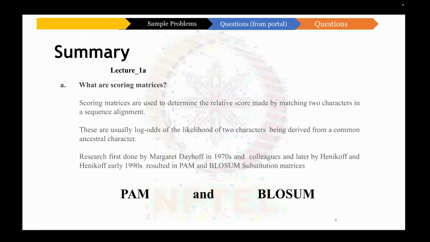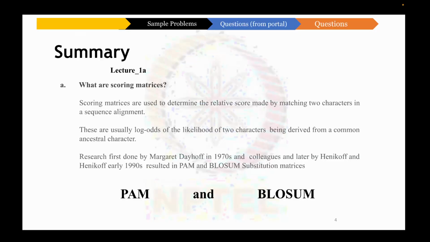Scoring matrices such as BLOSUM and PAM are constructed based on the observed substitutions in homologous sequences. The scores in these matrices reflect the likelihood of one amino acid being substituted by another during evolution. Different matrices may be more suitable for aligning sequences with different evolutionary distances.